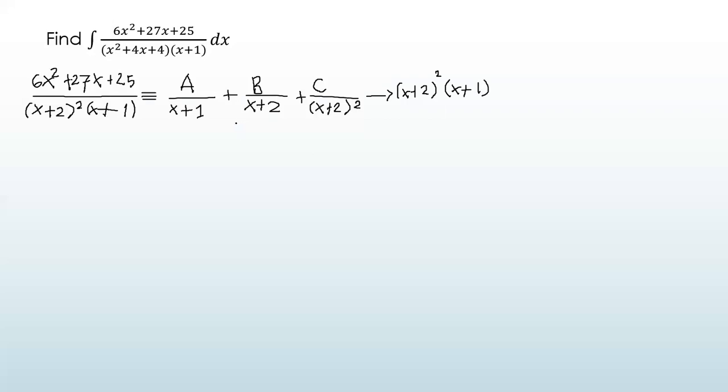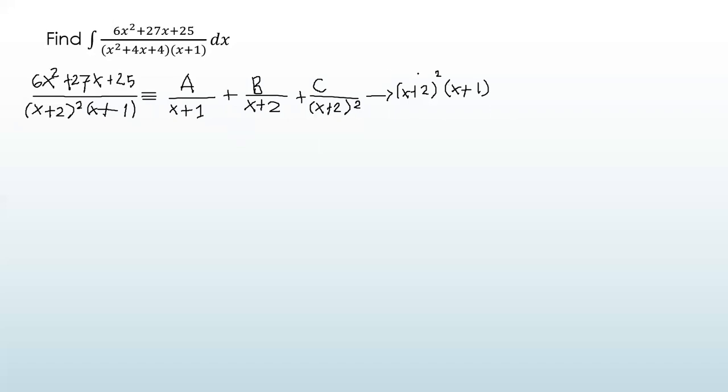So if you want to multiply, you have to look at the denominator x plus 2 squared times x plus 1.